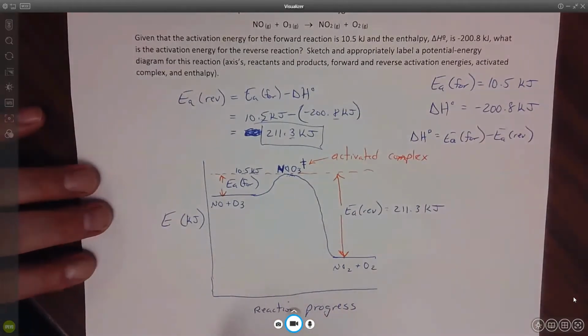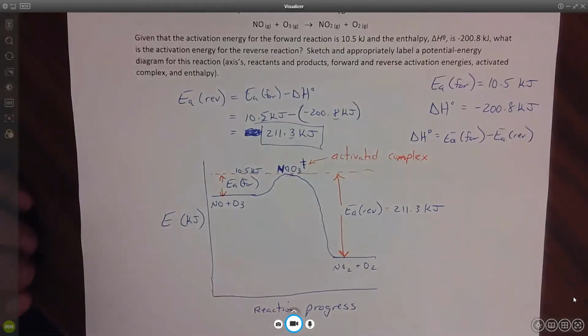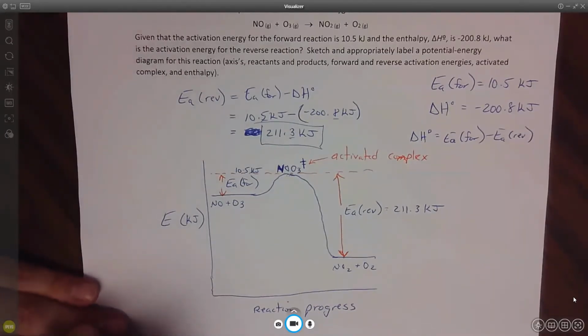Okay. How would I represent the enthalpy on this diagram? Well, remember, the enthalpy is just the difference in energy of what? The difference between the reactants and products. Exactly.